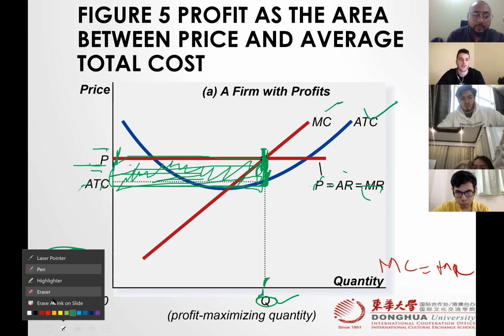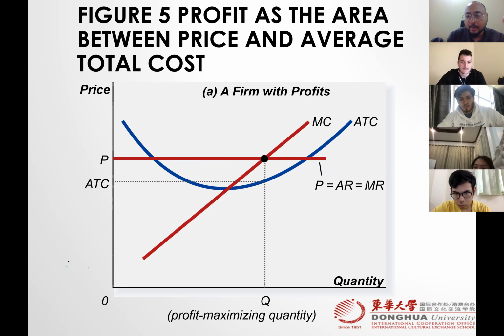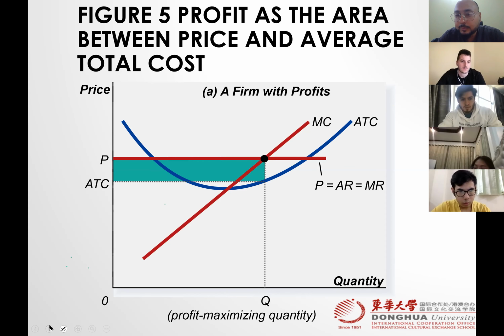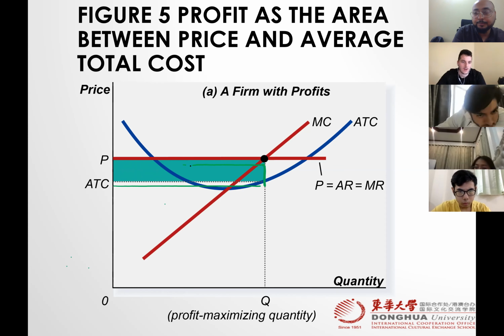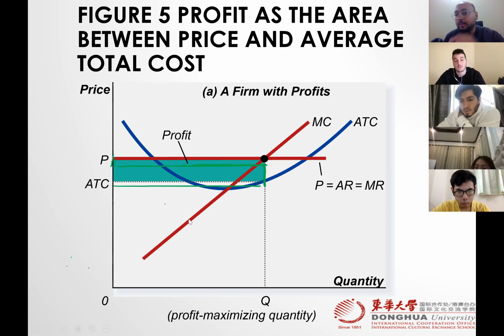If I just clear this mess, we have this here, right? So it is a rectangular shape, starting from here and then there and then on the red line P, right? This area is called profit.